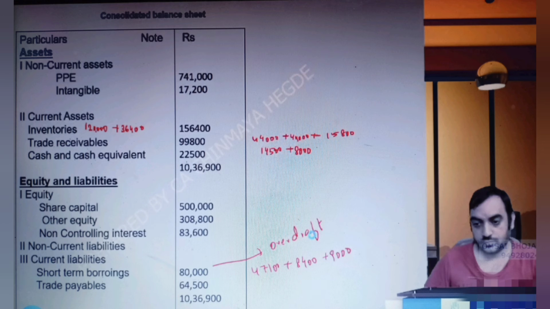1,500, or a shortcut, hope you remember. Alternatively, the difference between revalued amount and opening balance. If you do that, that also will give you the same answer. Revalued amount is 1,80,000, opening balance is 1,50,000, multiplied by 10% for 6 months.